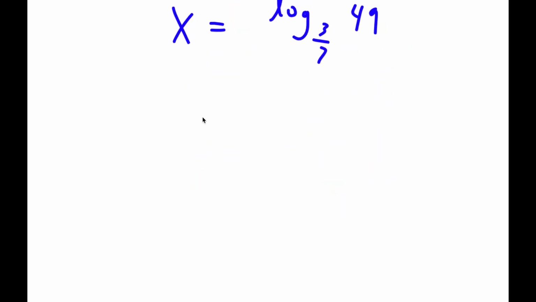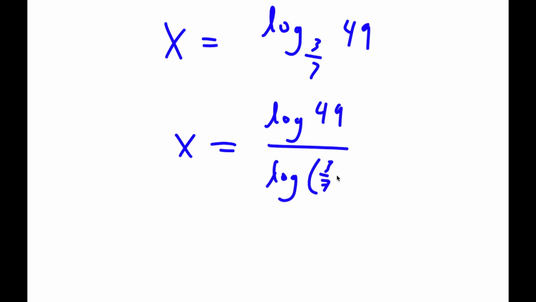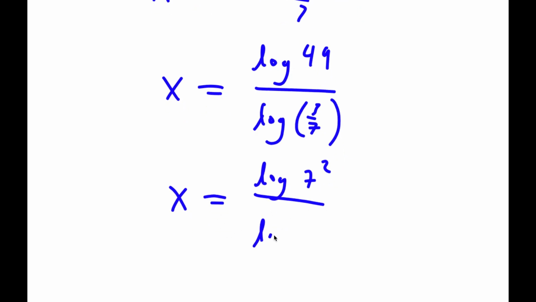And now this is the same thing as log 49 over log 3 over 7. First off, 49 is the same thing as 7 squared. So now I have log 7 squared over log 3 over 7.